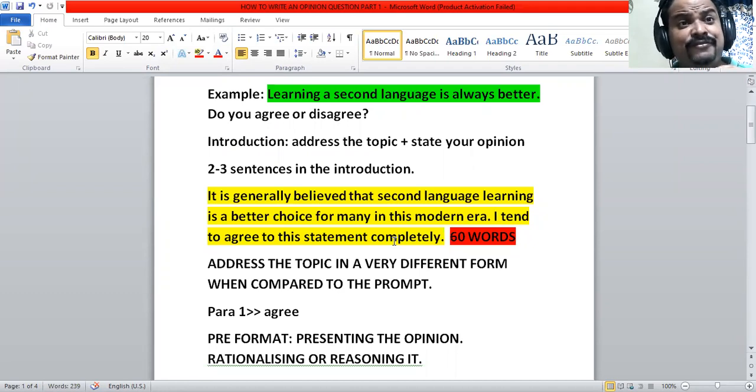If you are writing 50 words in the introduction, naturally you have to write only 200 words in the body paragraphs and the conclusion together. So if I write 80 words in the first paragraph, 80 words in the second paragraph, and another 40 words in the conclusion, then it becomes 250 words.